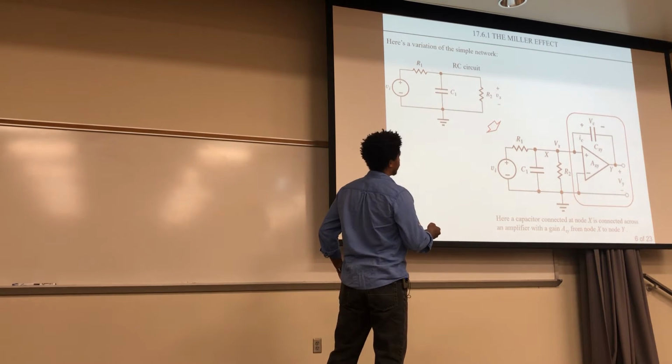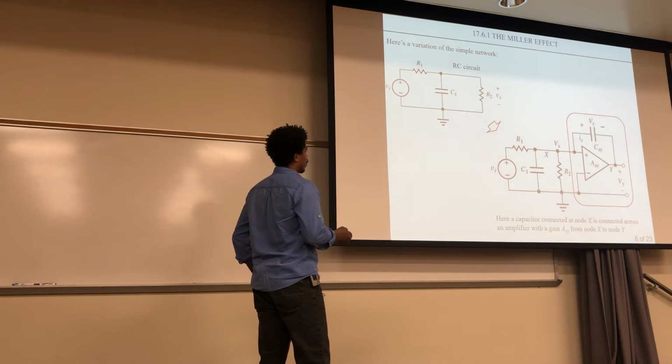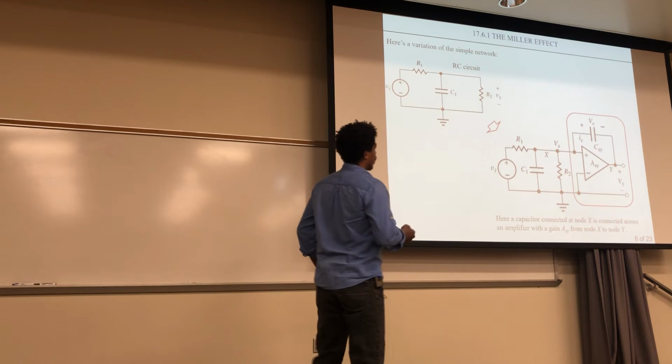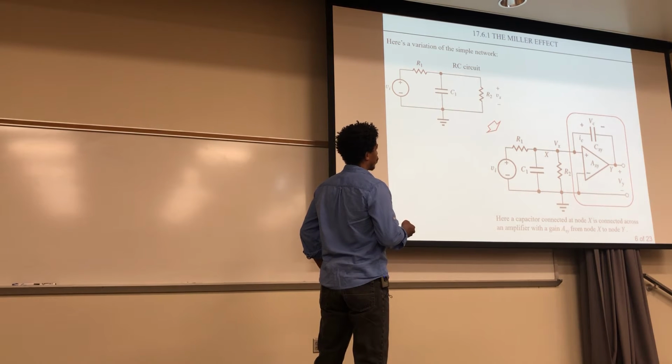So this capacitor is CXY, okay? So in doing so, we want to try to find an equivalent capacitor of this and find out what the relationship is between this equivalent capacitance and this capacitance right here.